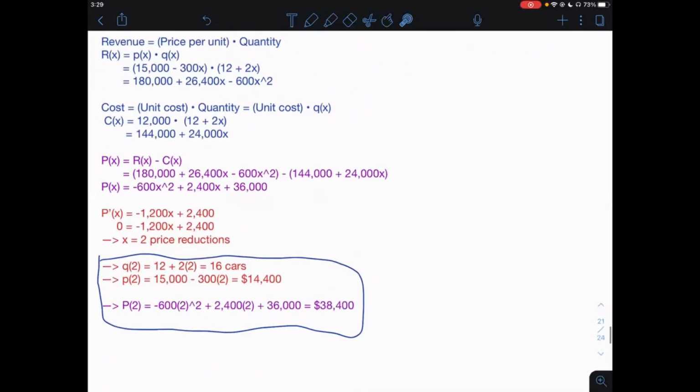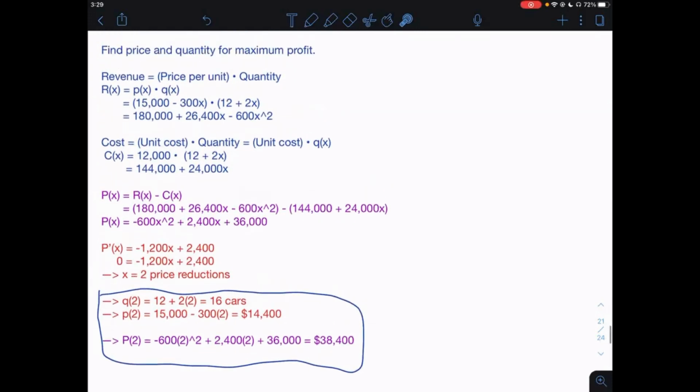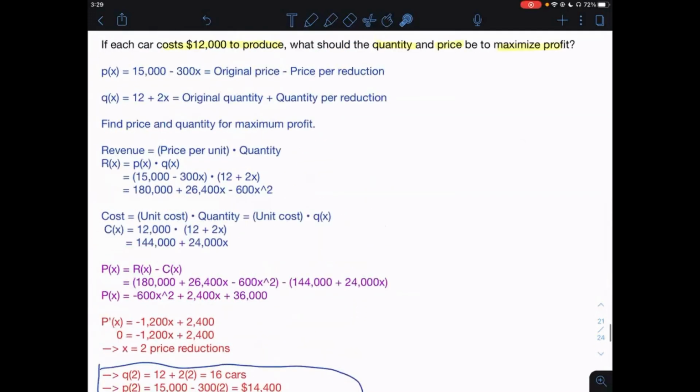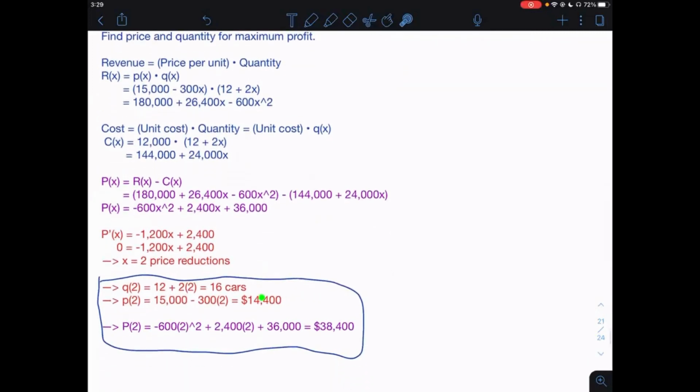Meaning after we find our critical value, we have to plug it back into our quantity and price functions, which in this case wound up being $14,400 per car, which allows us to sell 16 cars per day, which gives a maximum profit of $38,400 per day.